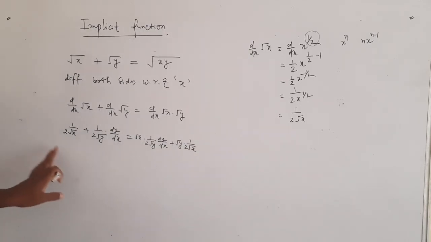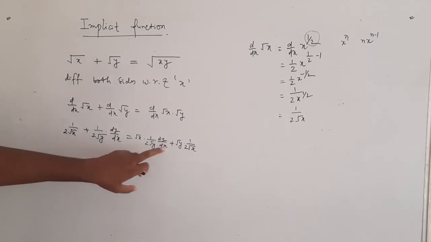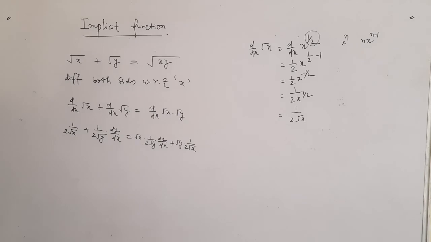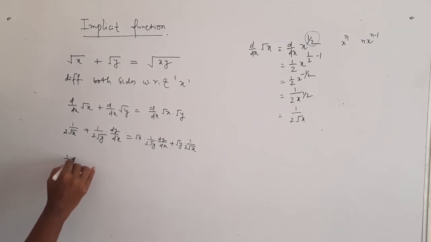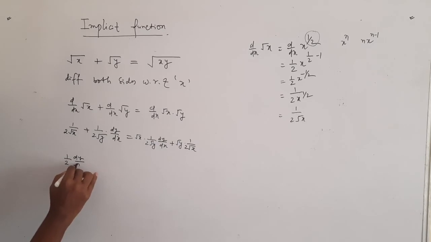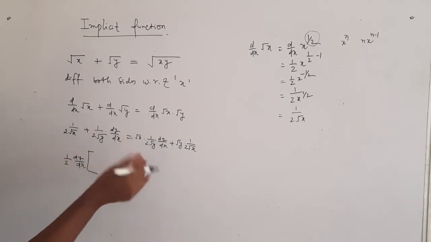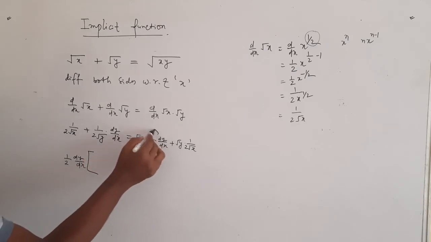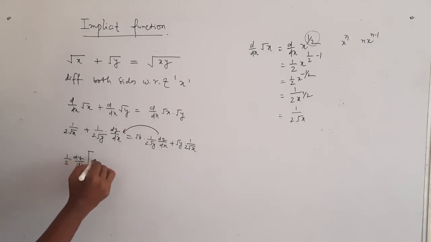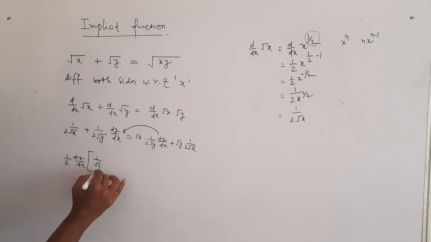Now every term you see necessarily has a half common, half here, half here, half here, half here. So we can take half common and cancel it without doing anything. At the same time, I take 1 by 2 dy by dx common, and I'm keeping the things in the proper order. So I'll take this one on this side. So this one as it is, 1 by root y.